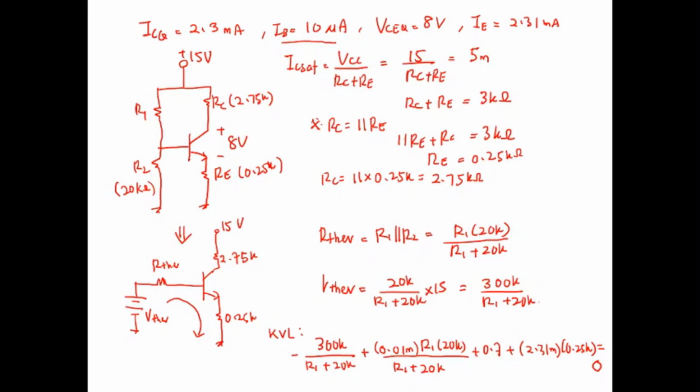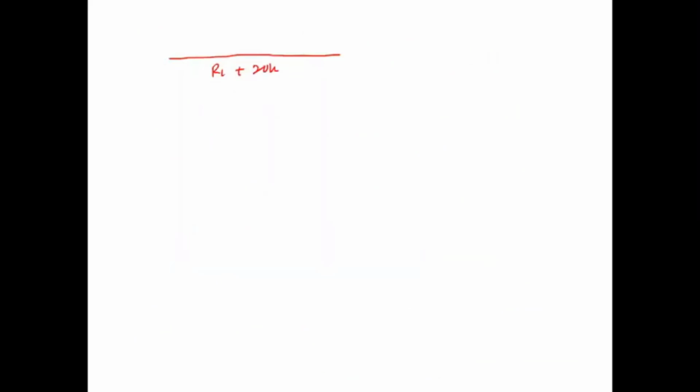We can get 300k minus 0.21 R1, and then this is equal to 1.2775. Okay, so you got this one.